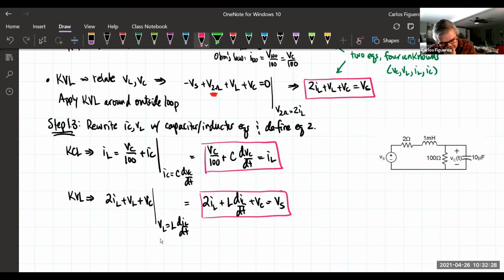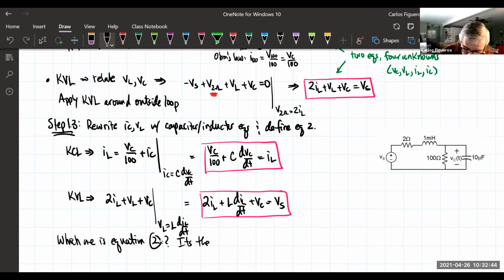The question is, what is equation 2? It's the one with dV/dt like this. Right away you could see that this must be equation 2. Therefore, that is equation 1.